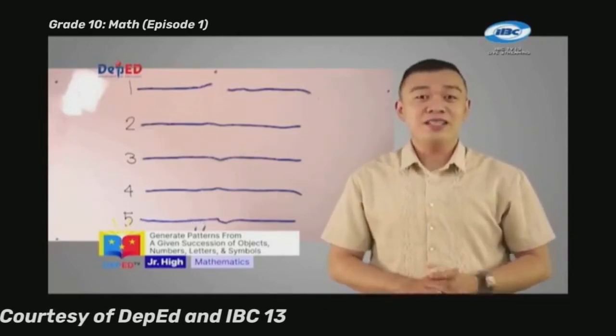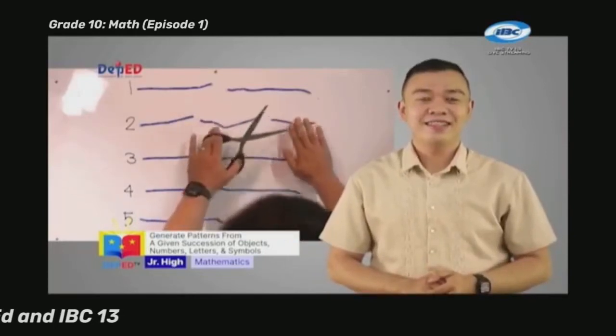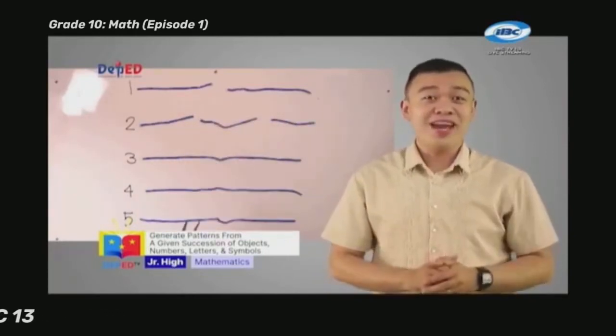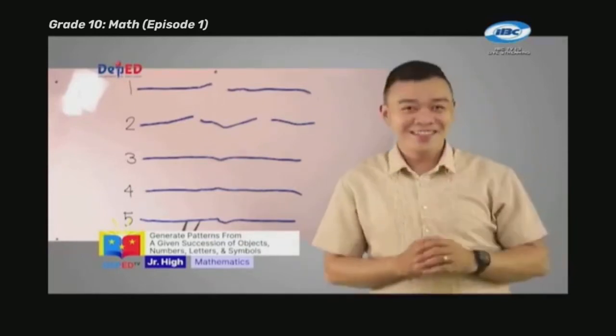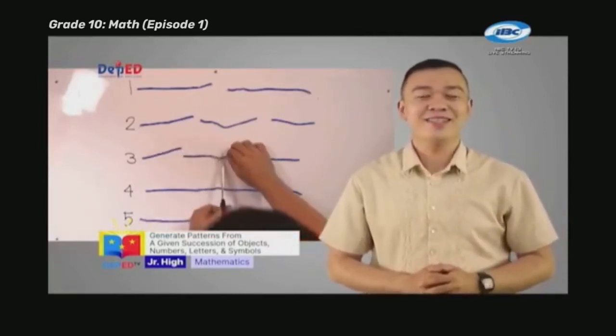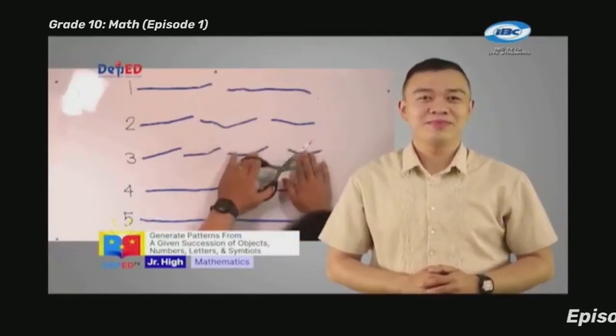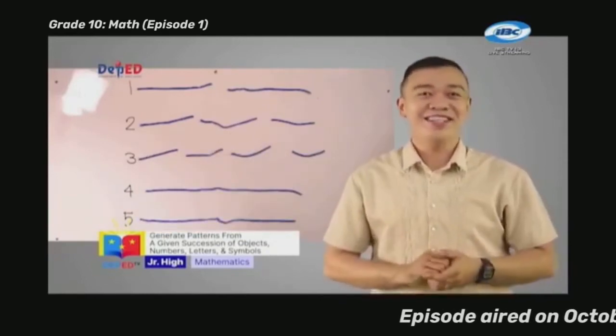Cut the second string twice. How many pieces are there? Cut the third string thrice. How many pieces are there?